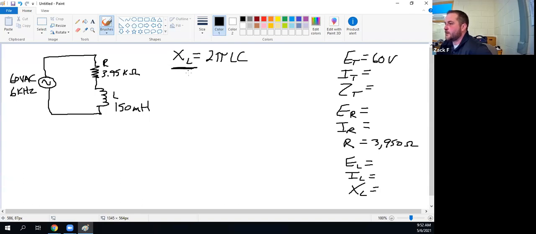Do we have enough information to solve for inductive reactance? Yes, we do. 2 times pi times 150 millihenries. So this would be 0.15 henries. And what's the frequency? Frequency is 6,000.